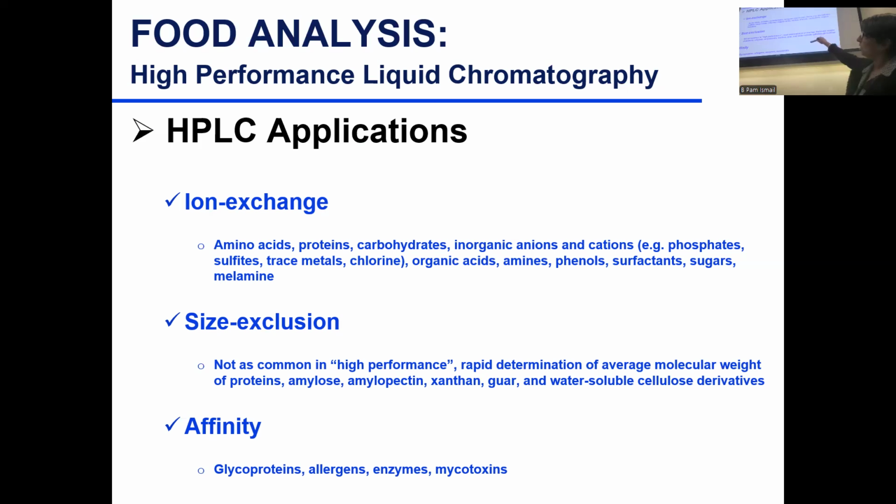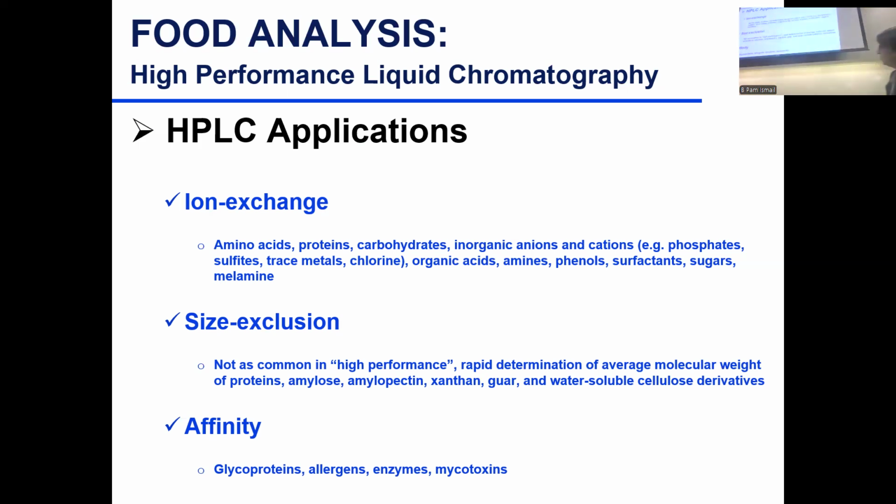Size exclusion, it's not as commonly used, but we use it a lot, for example, in our lab when we want to look at molecular weight distribution of proteins. We use high performance liquid chromatography in size exclusion. But a lot of the application is for separation and fractionation and collecting fractions under low pressure.